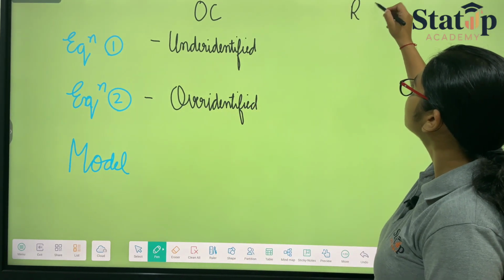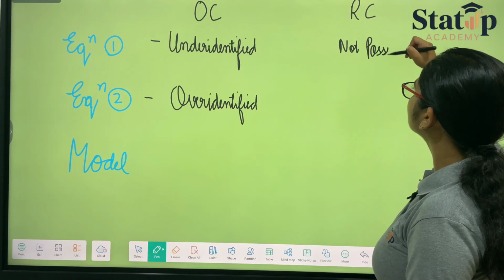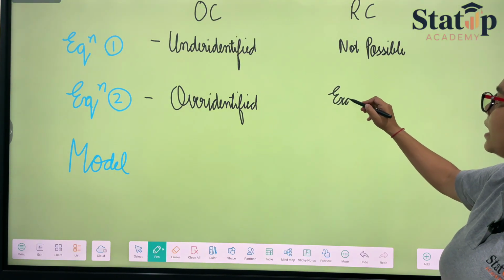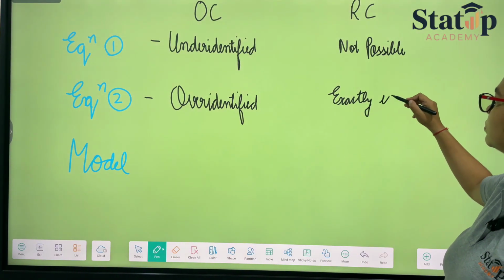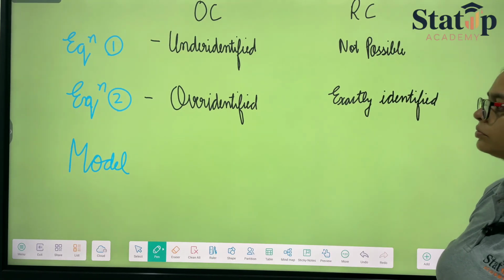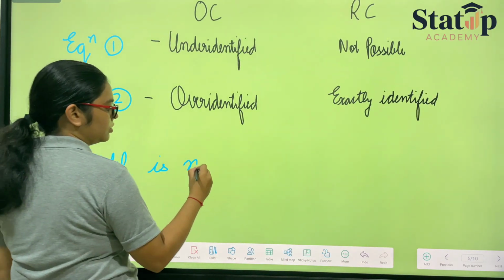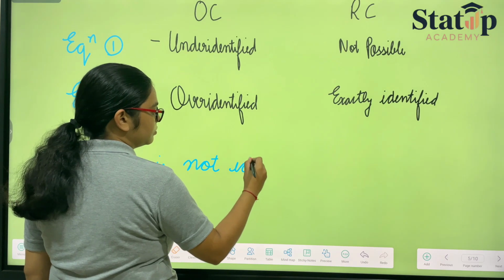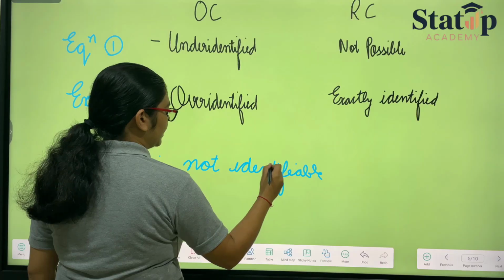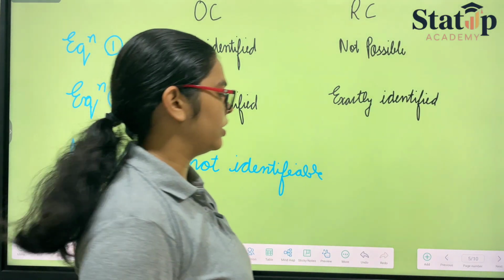For the rank condition, this was not possible for equation 1, and for equation 2 it was exactly identified. Hence we can say our model is not identifiable. Even if one equation is not identifiable, our model becomes not identifiable.